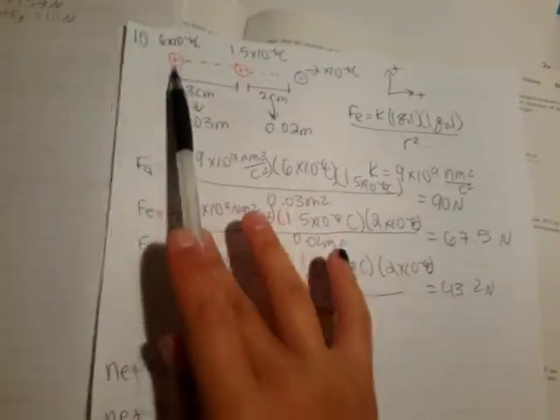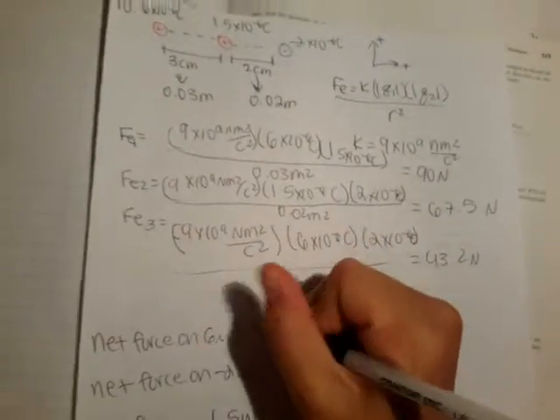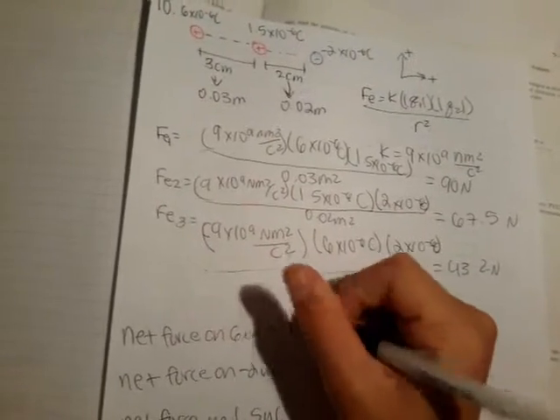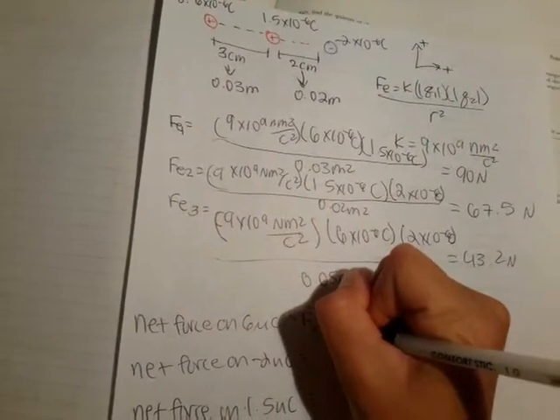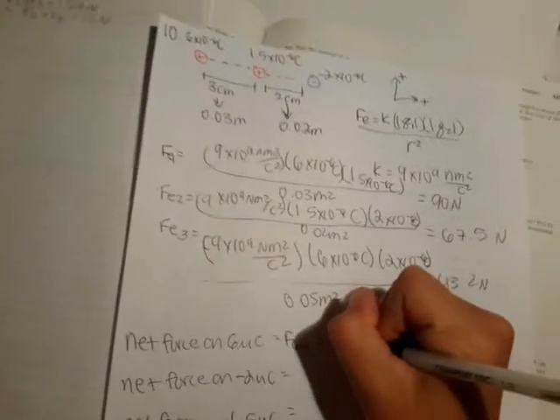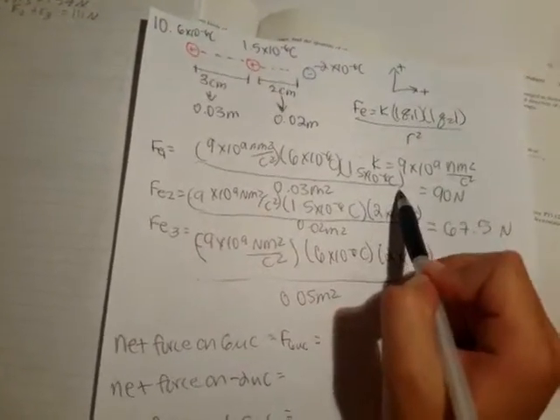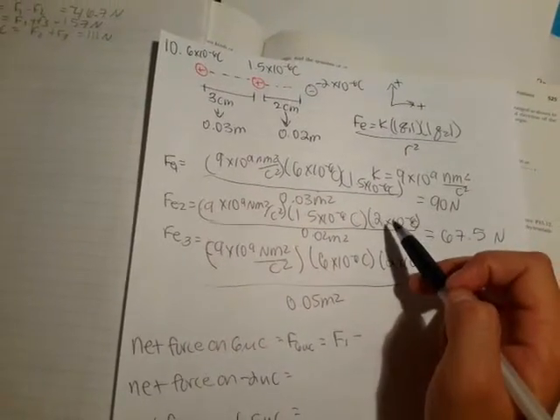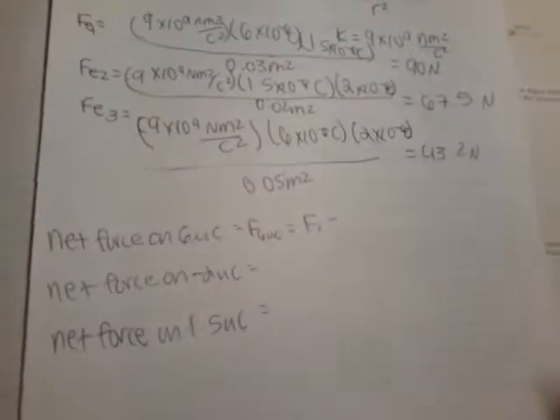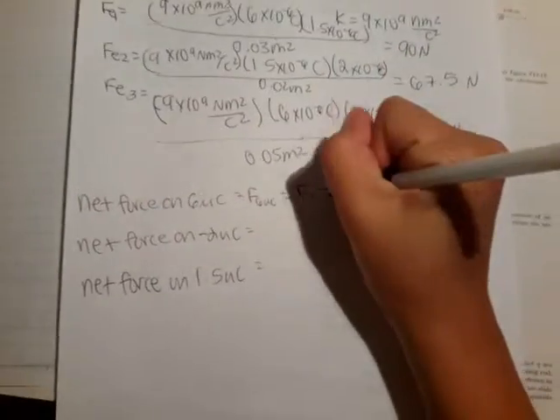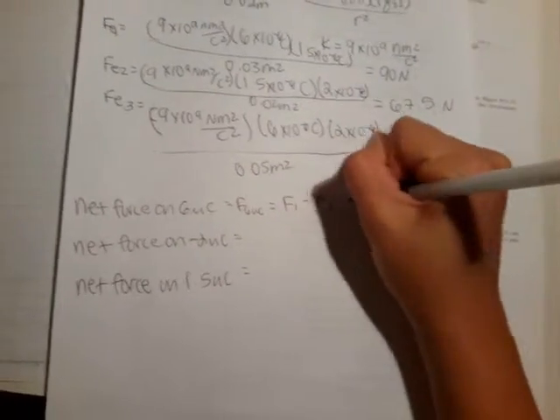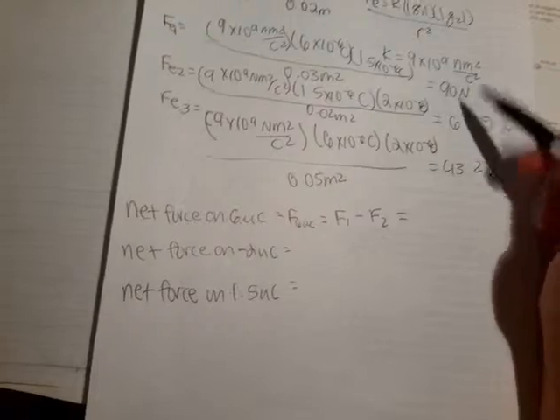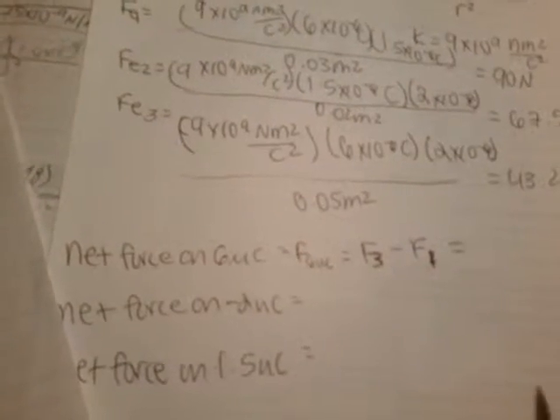So for the net force on this proton, the force on the 6 coulomb is equal to the first force we found, minus the second one we found, so minus F2, so it's going to be 90 minus 67.5, and you get, sorry, I did this wrong.